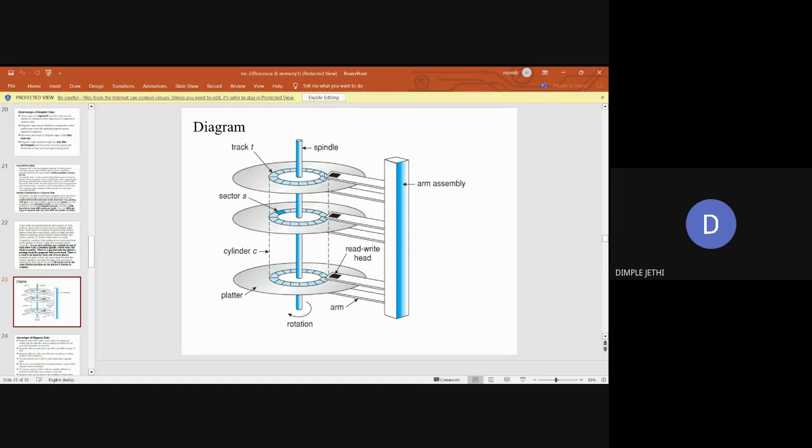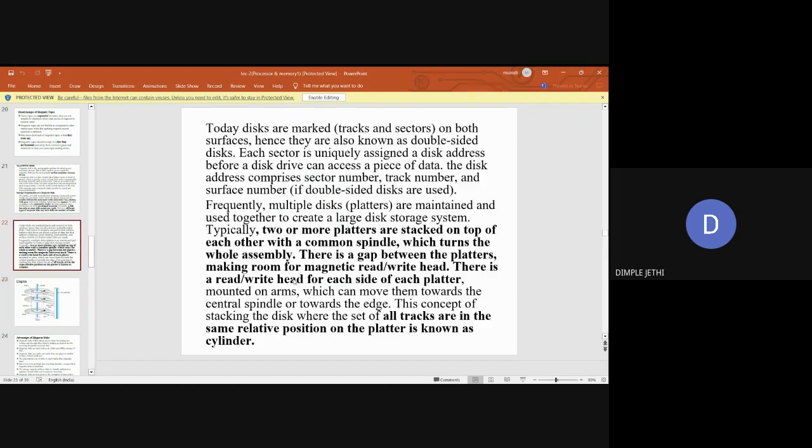So their relative position on all the platters will be the same, the same sectors and same track will be under the read write head. This kind of organization, these dashed lines, what kind of shape do they make? A cylinder shape. So this is called a cylinder.